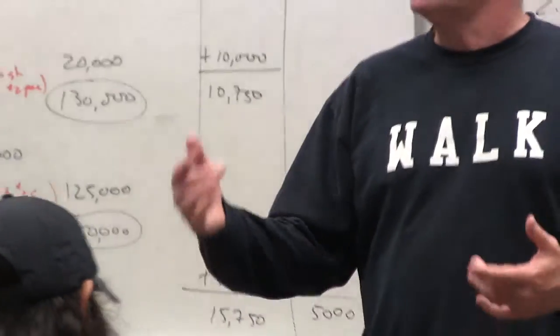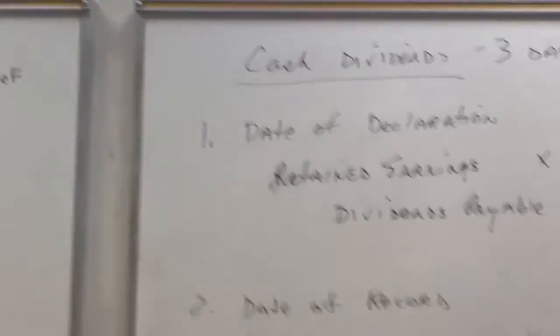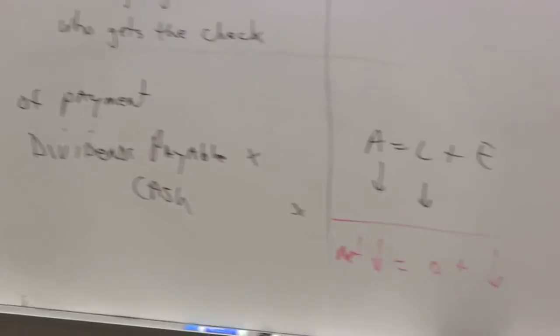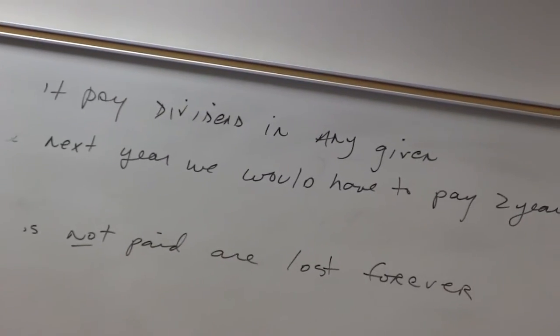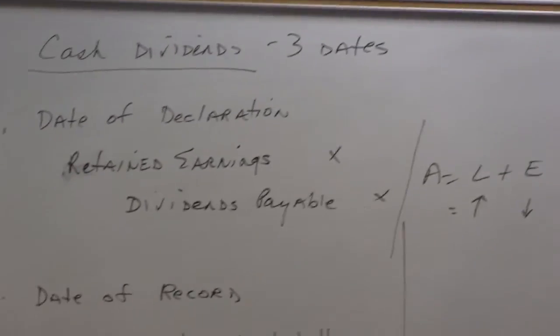Your homework, there's a couple of problems, a couple of exercises. You got your book? I want you to read the first half of the chapter. If it starts talking about dividends, don't worry about it.